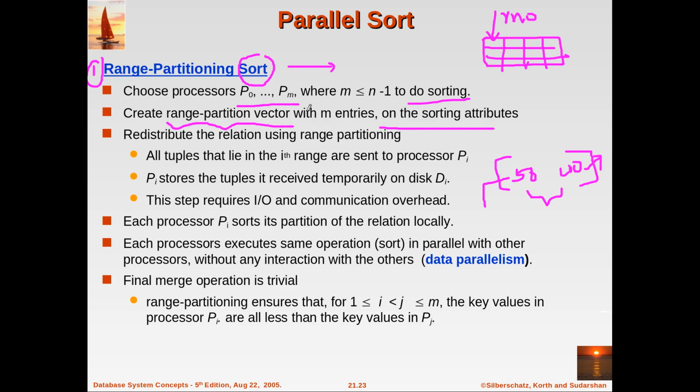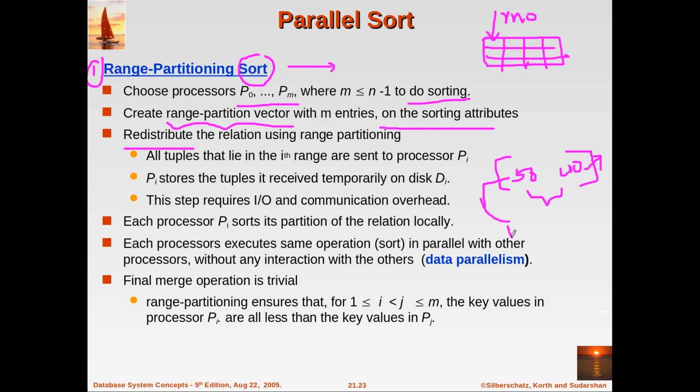So we create a range partition vector on the sorting attribute, then redistribute the relation using range partitioning. According to these ranges, all the tuples that lie in the ith range are sent to processor Pi.